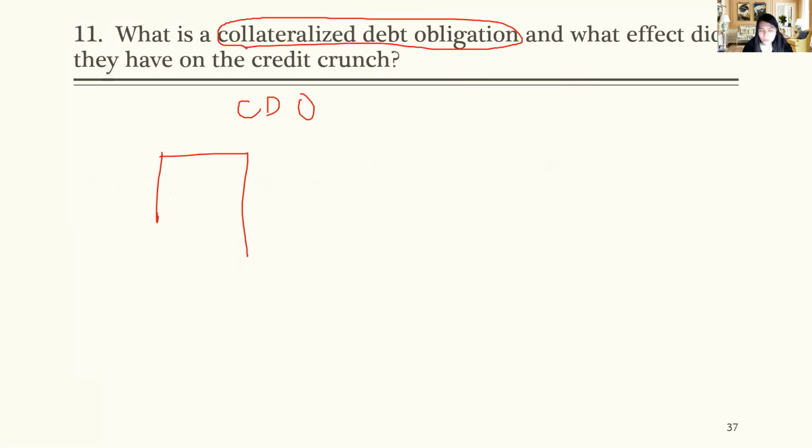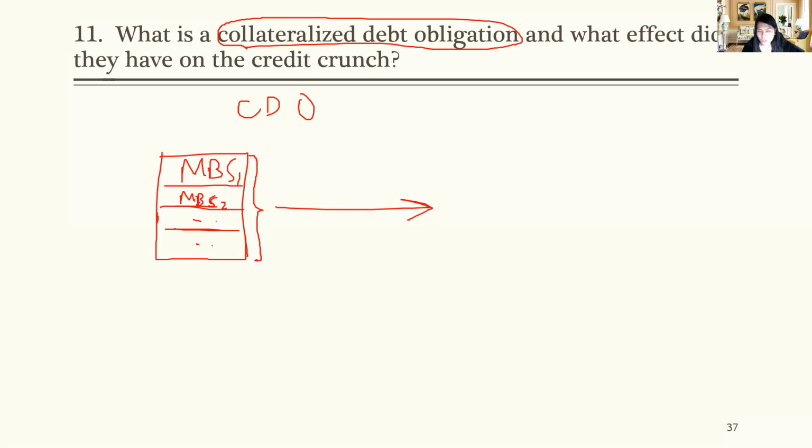with a CDO, they've got, on their asset side, different securities, right? So let's say they've got different mortgage-backed securities. What they do is first pull different securities together to form a portfolio, and then repackage the portfolio to sell into different securities.